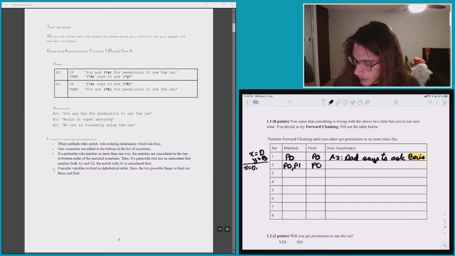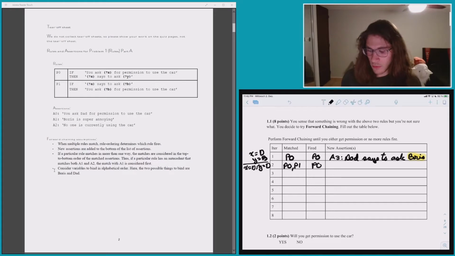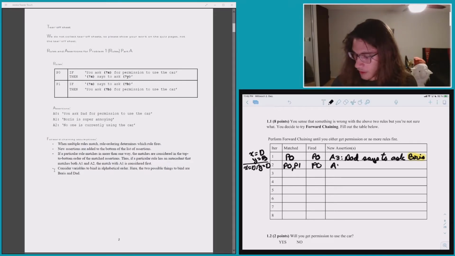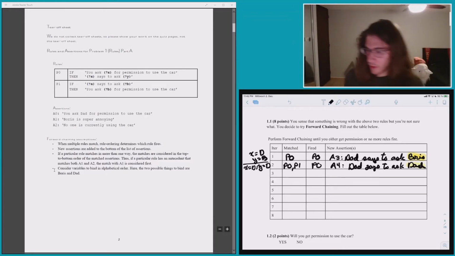And then the remaining variable to be bound, following the alphabetical order, is D as well for Y. So assertion 4 becomes: dad says to ask dad. I'll just highlight that I was going through the variables in alphabetical order for P0.